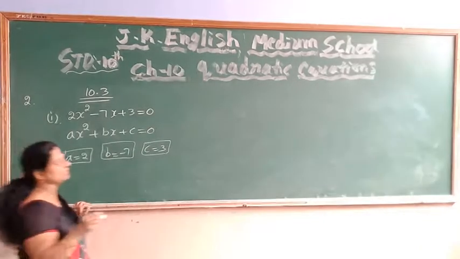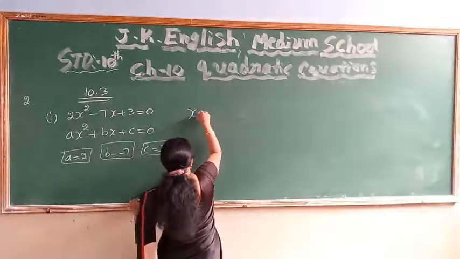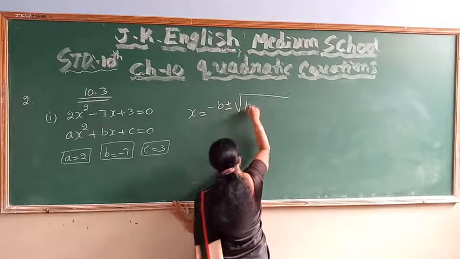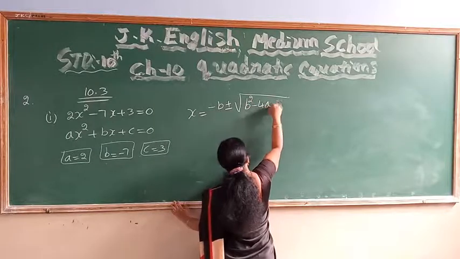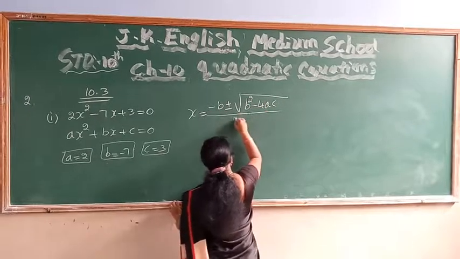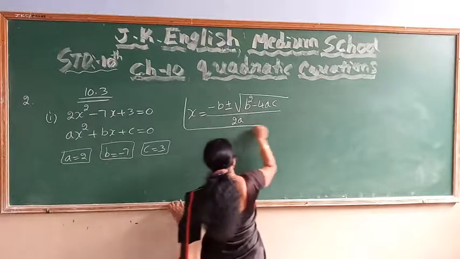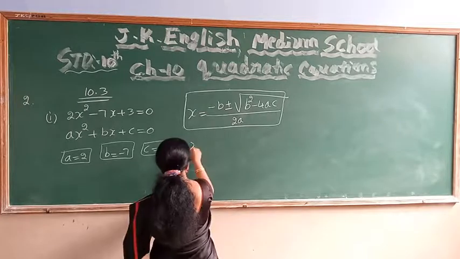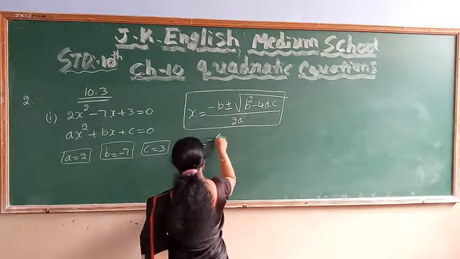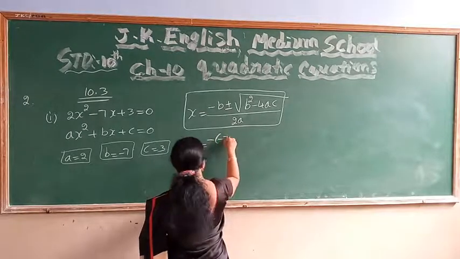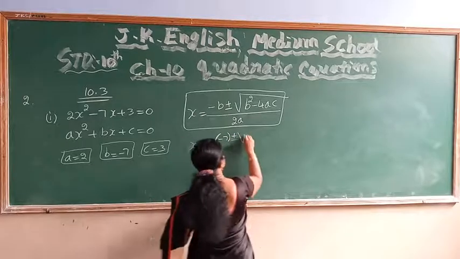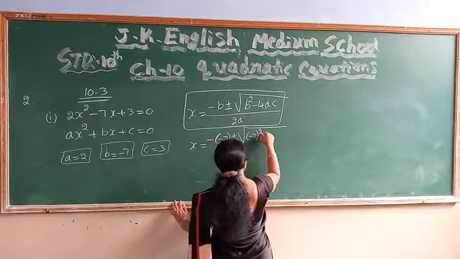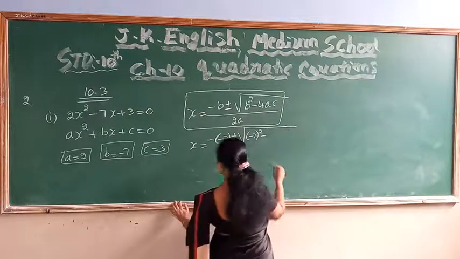Then write the formula, that is x is equal to minus b plus or minus root of b square minus 4ac divided by 2a. You practice this formula by writing it. Okay? Then substitute the values. x is equal to minus of b, means minus of minus 7, plus or minus square root of b square, that is minus 7 whole square, minus 4ac.